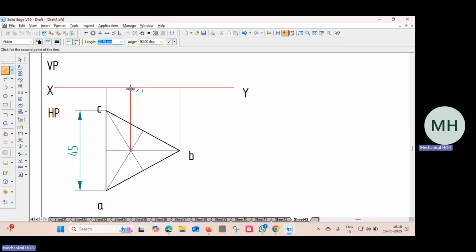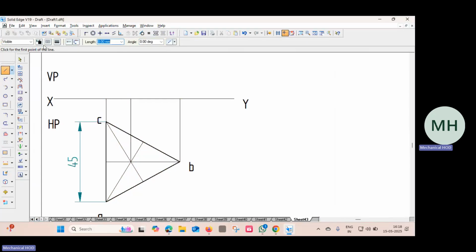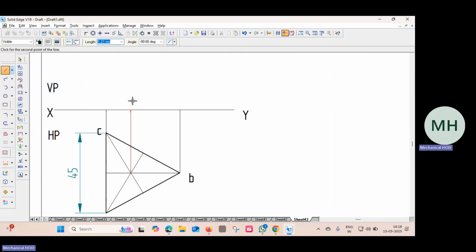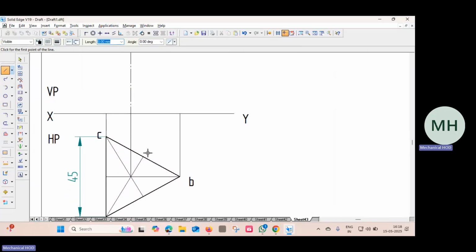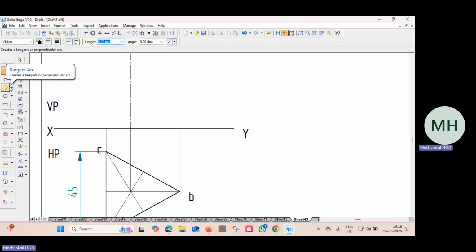From here, draw one thin line. Again from here, draw the axis. Axis height we don't know, but draw some height. Then the slant height is given as 45 mm.